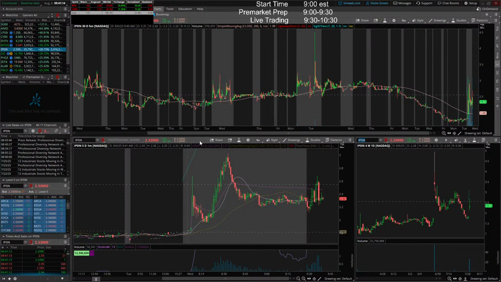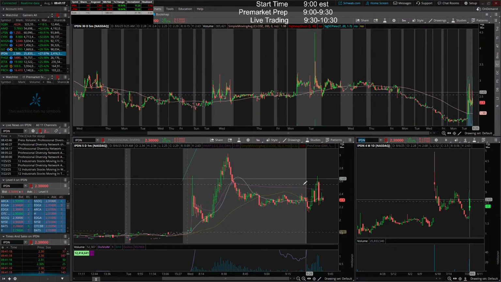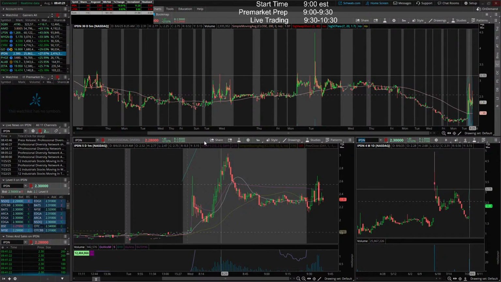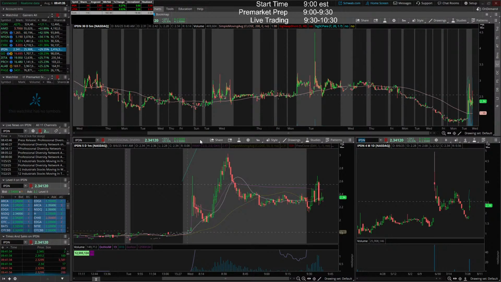So IPDN has a major level right here at, what is this, 250 something, 255? And you can see it's struggling around there. If it does break through that convincingly, then it could run over pre-market high. Then I'll stop out.